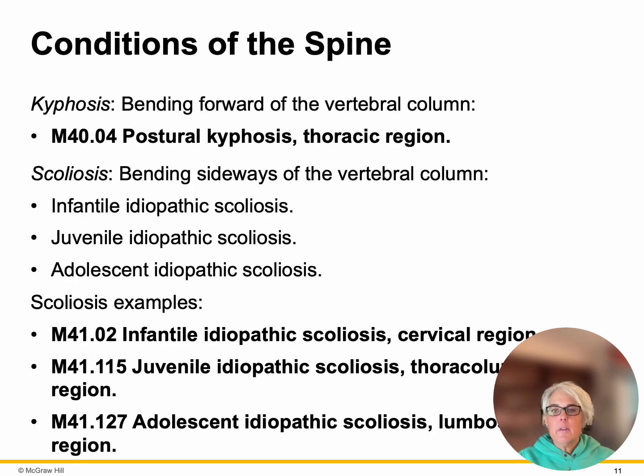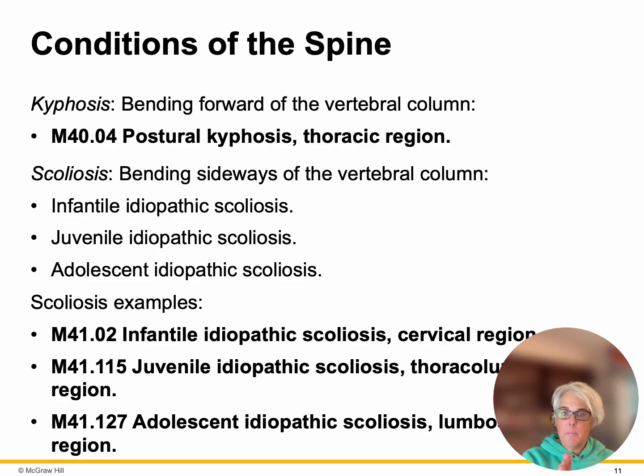Now, kyphosis is an abnormal forward curvature of the spine. The example on the slide references postural kyphosis of the thoracic region. So it would be a forward curvature, so kind of leaning forward. Scoliosis is a sideways curvature of the spine, and it can be described as infantile, juvenile, or adolescent idiopathic scoliosis.